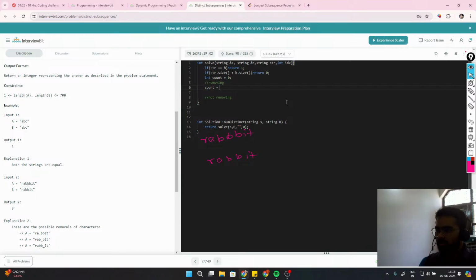I don't need to maximize. Whatever it will return, I'll add it.